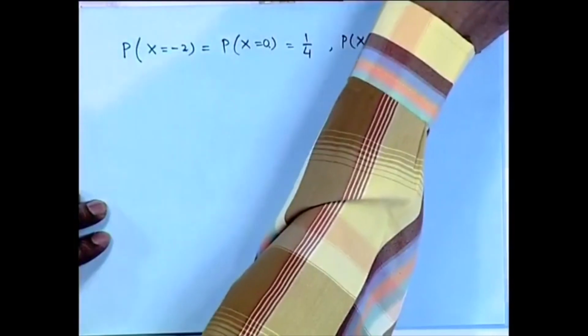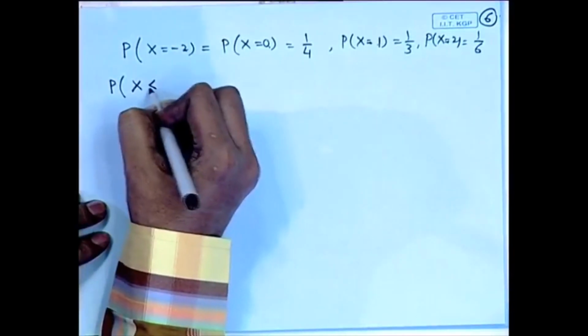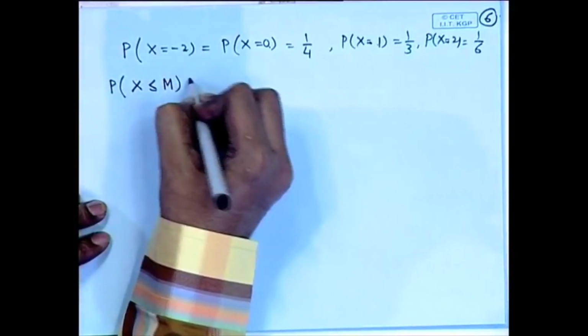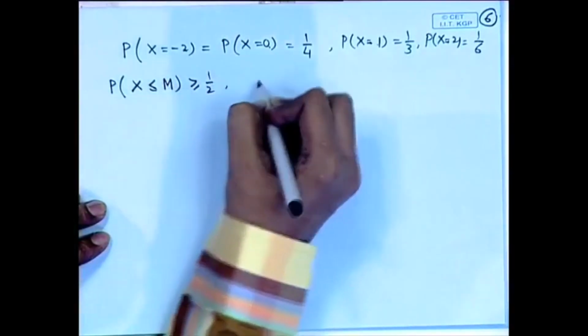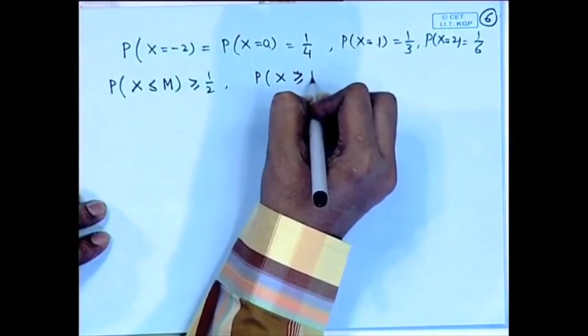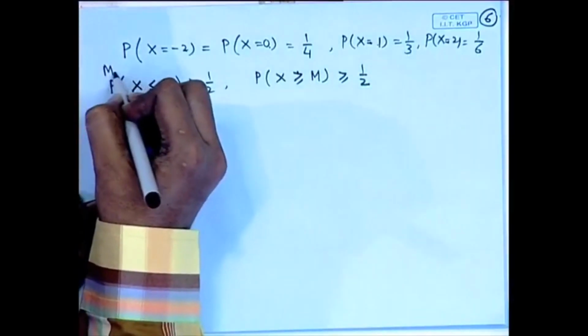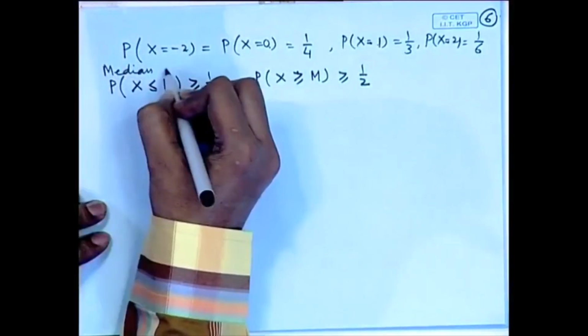If we apply the definition of the median, probability X less than or equal to m is greater than or equal to half, and probability X greater than or equal to m is also greater than or equal to half. So, the median must satisfy this condition.